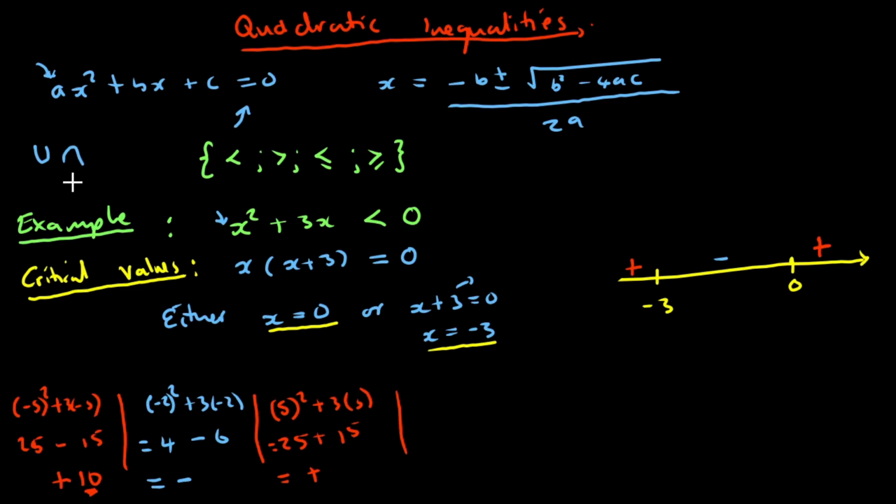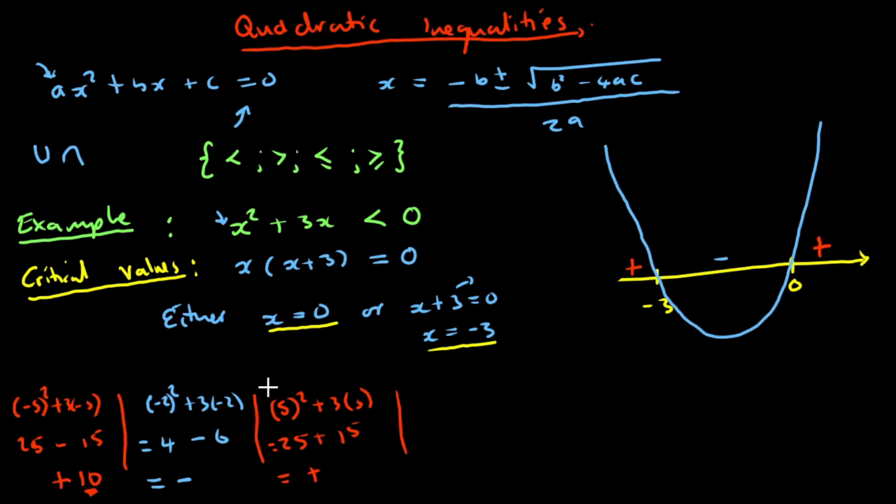If it's positive, it's smiling. If it's negative, it's sad. So here, it's positive. That's the coefficient of x squared. It's positive. Therefore, it's a smiling graph. So I'm going to draw my smiling graph. Now I have my smiling graph.